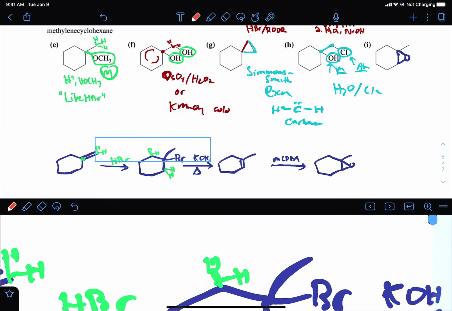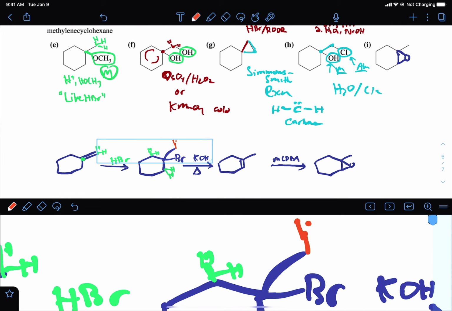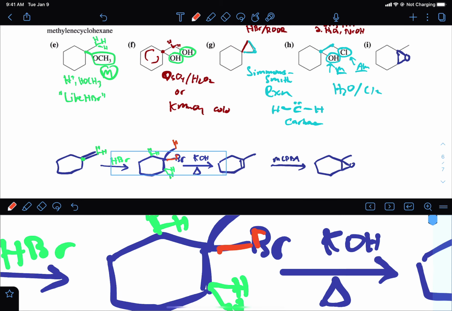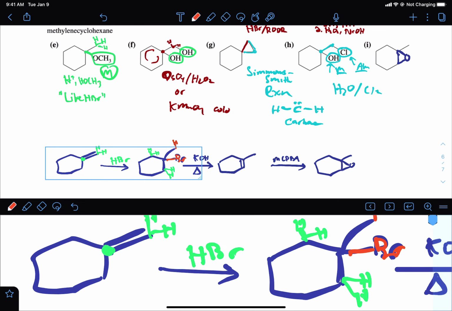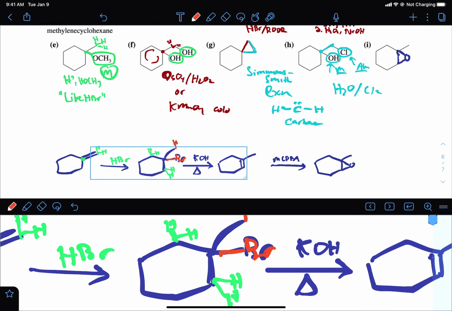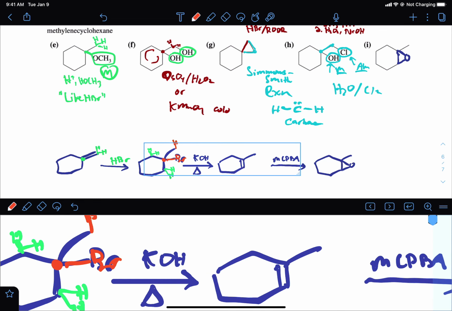It'll go here. And the bromine will go there. Okay. That's Markovnikov. So this is kind of cool. We add the bromine to the Markovnikov position so that we can do Zaitsev elimination and move the double bond. And now we can do the epoxidation.